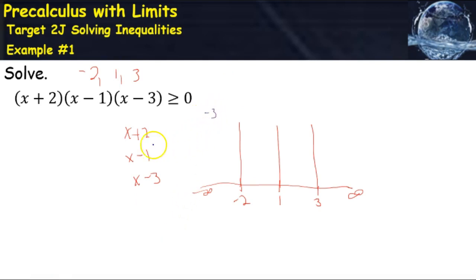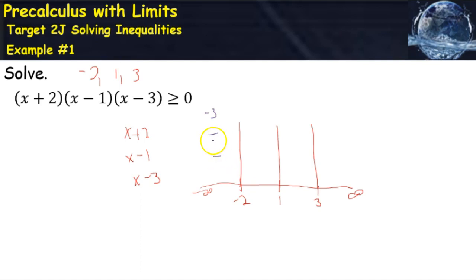So when I plug in -3, I get -3 plus 2, which is -1. And all I care about is that it's negative. And then I have -3 minus 1, which is -4.